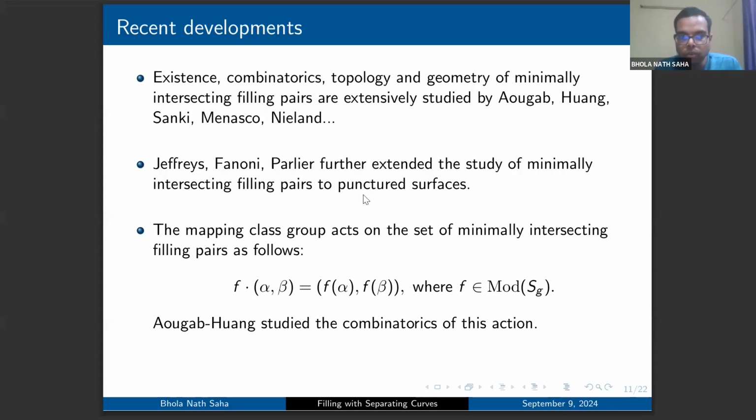Now, the mapping class group acts on the set of minimally intersecting filling pairs as follows. Suppose F is a member of the mapping class group and alpha, beta is a minimally intersecting separating filling pair. The action gives F(alpha), F(beta). So Aougab and Huang have studied the combinatorics of this action.